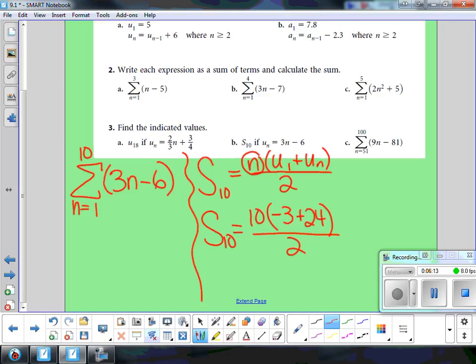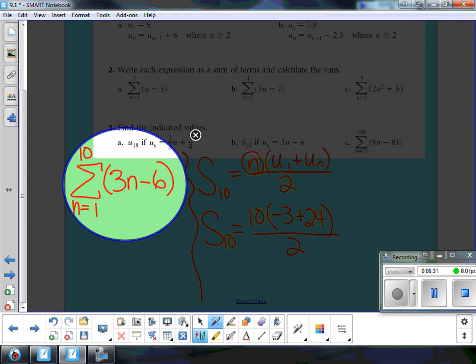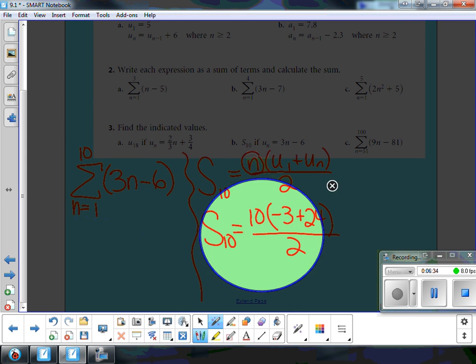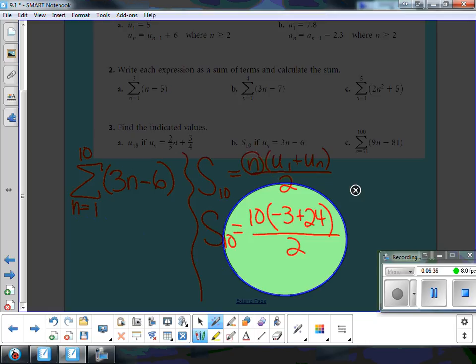And that correct answer is 105. Okay? I'm not going to show the work on that, but plug this into the calculator or plug that into the calculator. It should work. This works all the time. This would only apply if the sequence that we're talking about is an arithmetic sequence. If it's geometric, we're going to have a different formula that we'll get into starting in section 9.2. Okay?